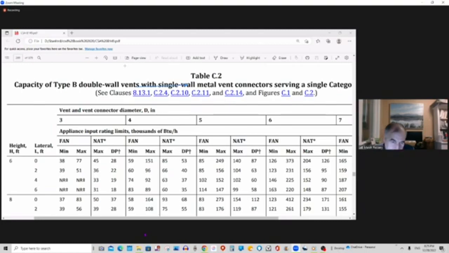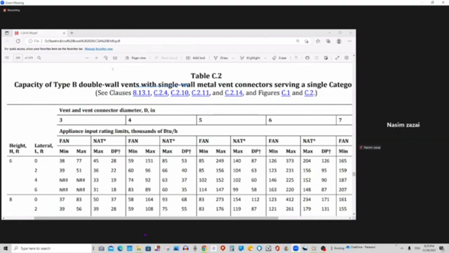The capacity is 80,000. The height is 8 and the lateral is 2.